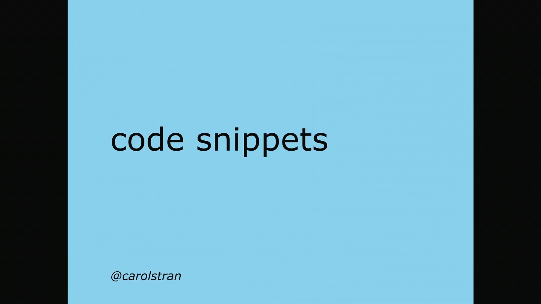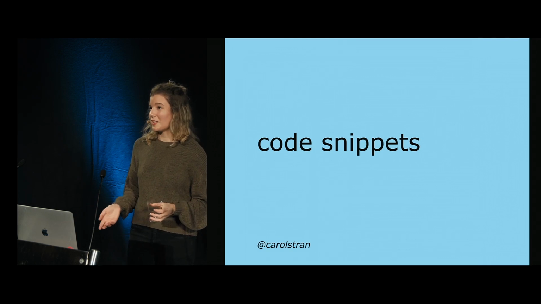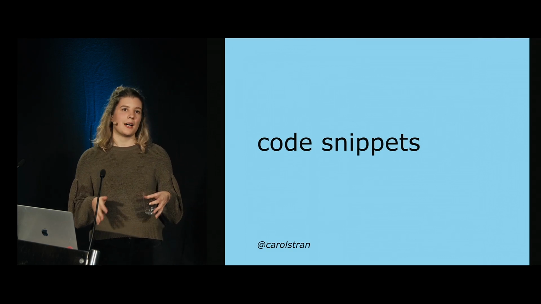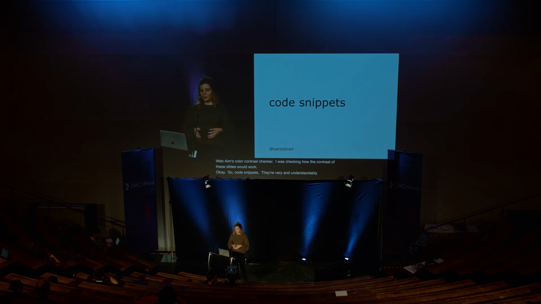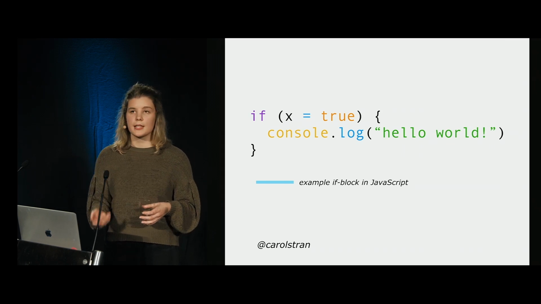OK, so code snippets. They're very, and understandably, common in documentation. And it's totally possible to make them accessible for screen readers. We just need to understand what people are expecting to hear. So this is an example of an if block in JavaScript according to a sighted user.